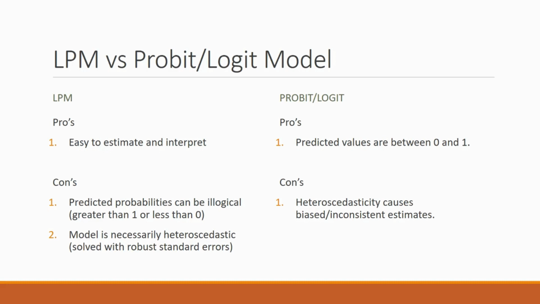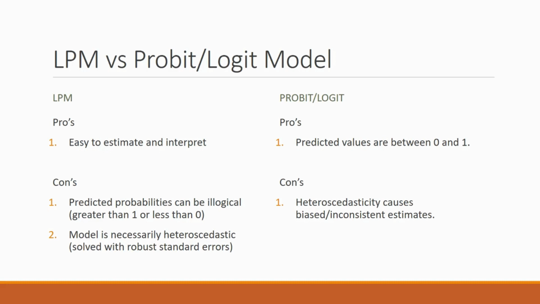All right, the disadvantages of the linear probability model are that the predicted probabilities can be illogical. That means the predicted probabilities can be greater than 1 or less than 0. Also, another disadvantage, although it's not a major disadvantage, is that the model is necessarily heteroscedastic. That means you know going in that it's going to have heteroscedasticity.